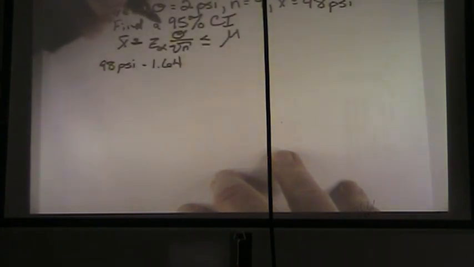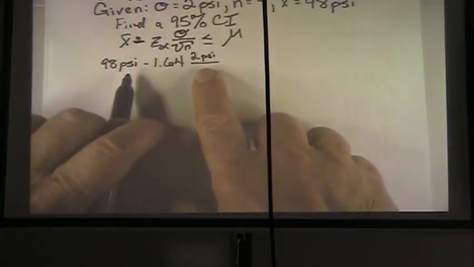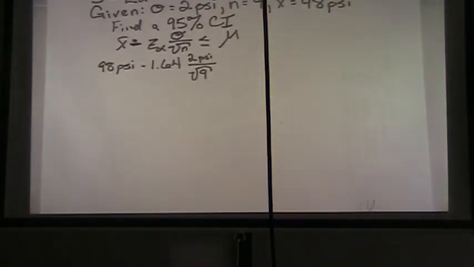So I'm going to call that 1.64 to keep the math somewhat simple. Our standard deviation is 2 psi. Notice that both terms of our equation are in pounds per square inch. Divided by our sample size of 9, the square root thereof. All right, and that is less than or equal to mu.